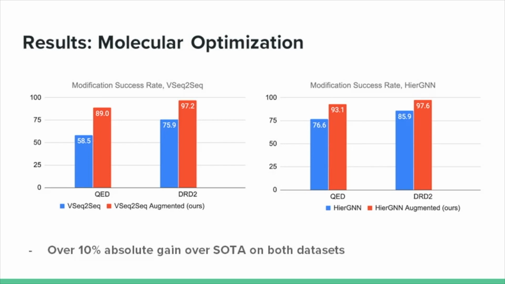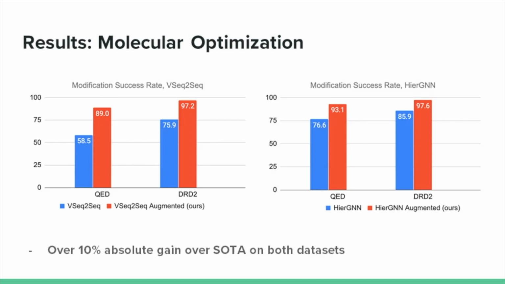For molecular optimization, we ran experiments on 2 architectures, vSeq2Seq, which is a sequence-to-sequence model using string representations of molecules, shown here on the left, and HierGNN, which is a state-of-the-art model using graph-based representations, here on the right. And we use 2 standard molecular optimization datasets from prior work, QED and DRD2 here, and our metric is the fraction of input molecules for which our model samples at least 1 correct output out of 20 tries, measured by a ground truth evaluator.